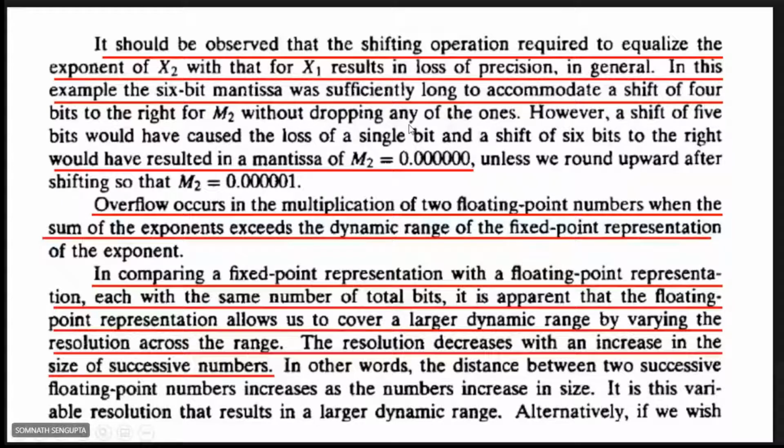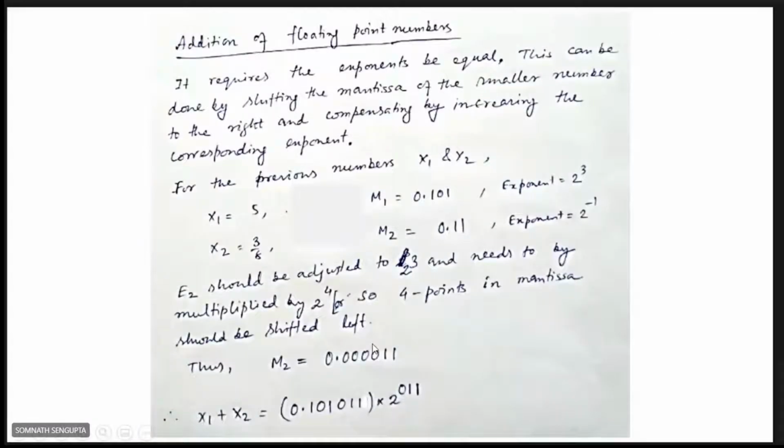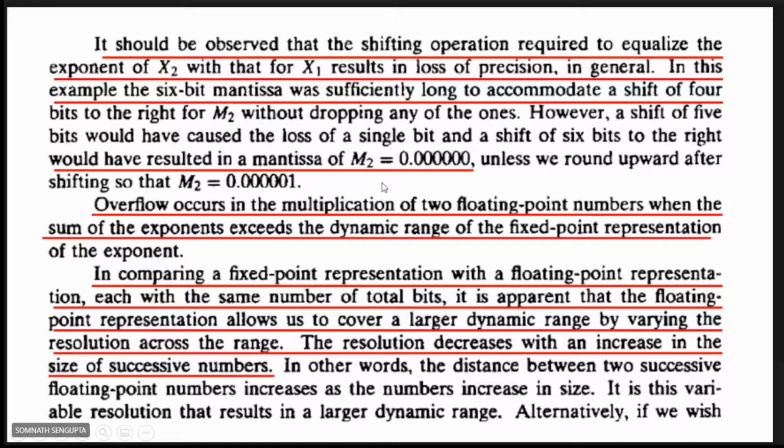Here we have shifted the binary point left, but the mantissa is shifting right. Okay, so if there is a shift of 4 bits, there is no problem, no loss of 1. But if 5 bits are shifted, then there is a loss of one single bit.